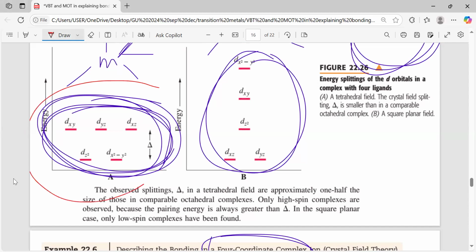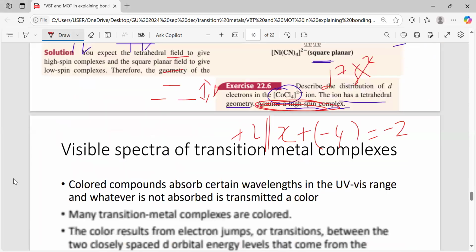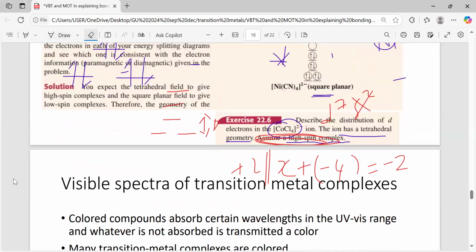So that is tetrahedral, and this is square planar. So it's tetrahedral. So that is the split we are expecting. So we go straight to that tetrahedral. So tetrahedral is the reverse of octahedral.